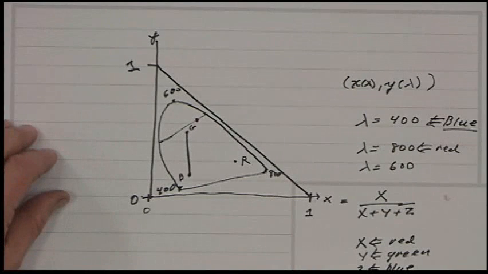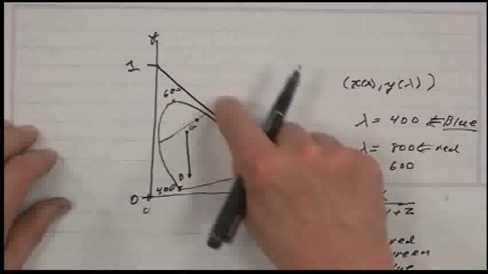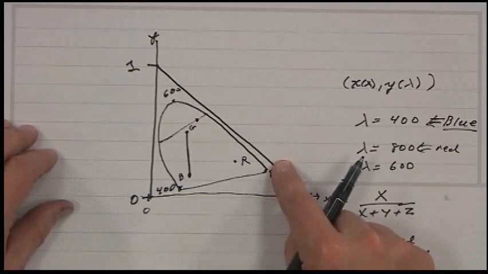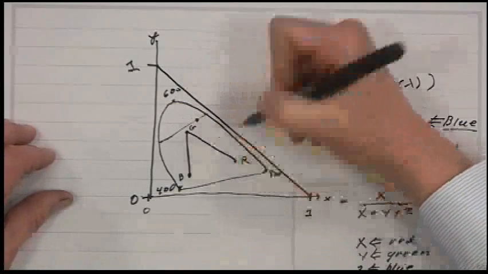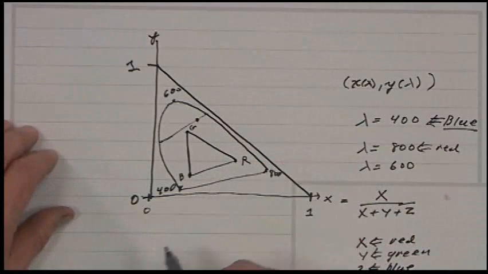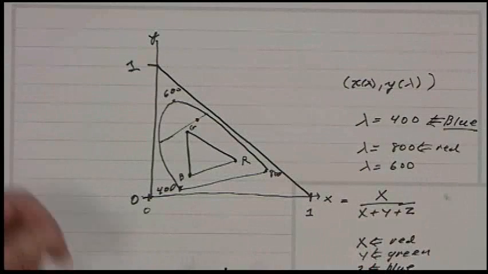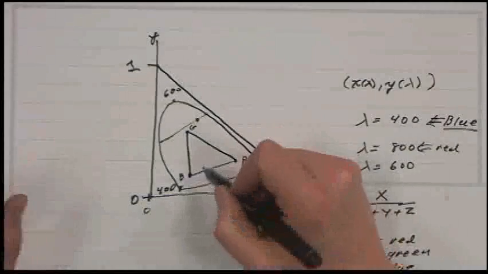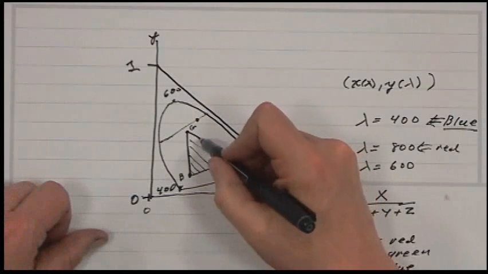And these individual green and blues were themselves made up by some combination of pure spectral components. If you took the green and the red, you're going to get colors along that line. And if you took the blue and the red, you're going to get colors along that line. So if you take any positive combination of red, green, and blue, you're going to get, I shouldn't say colors, you're going to get chromaticities that fall inside of this triangle.